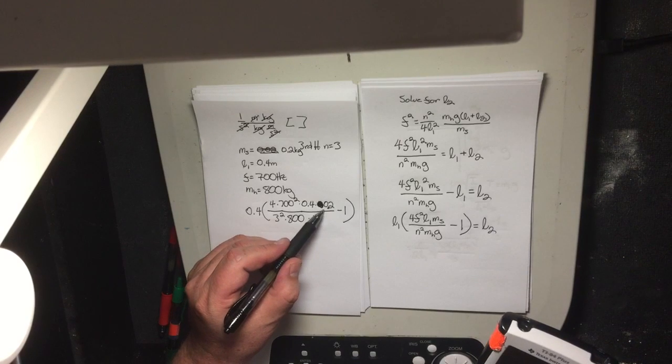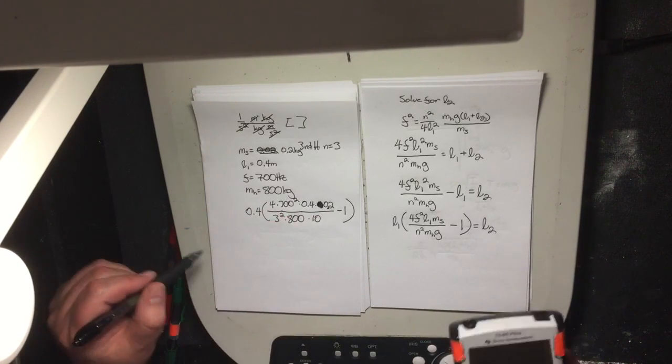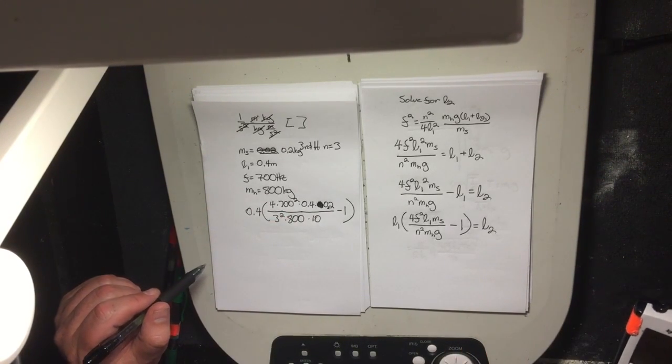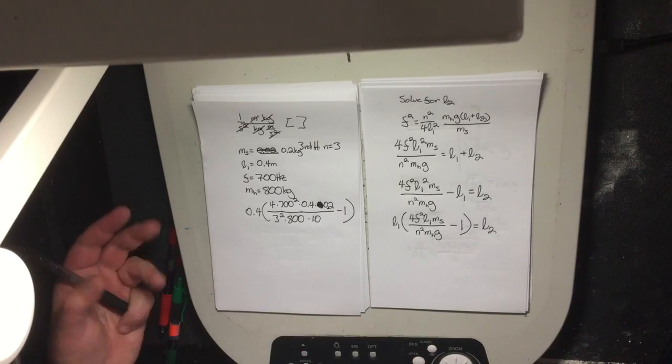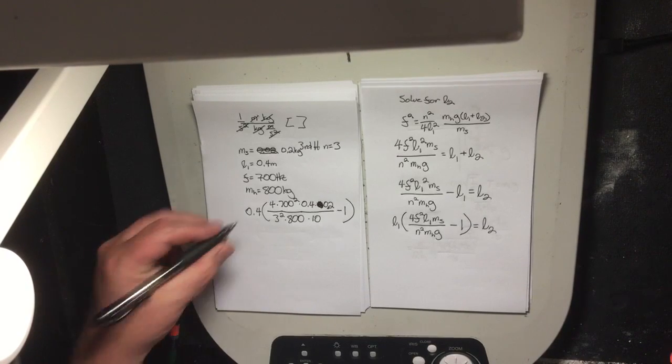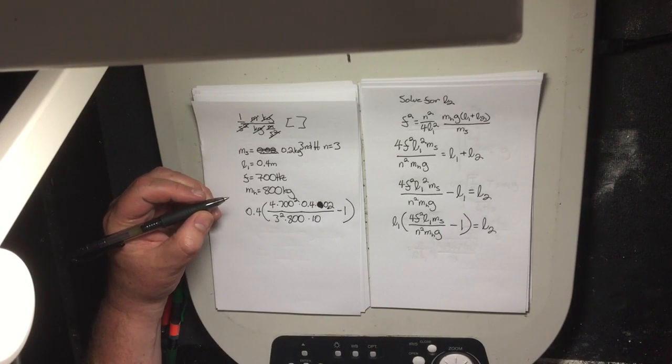Because if this was 0.02, this thing would be negative and I would have a negative length. And this is what I do on tests. I plug in numbers and I get a negative number first and I go, well, that's not going to work.